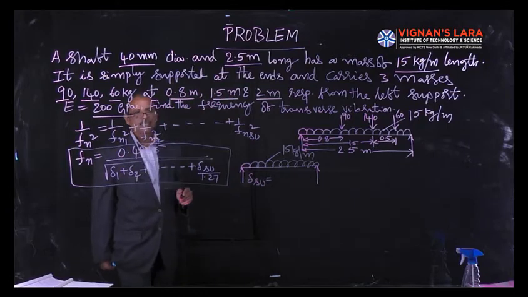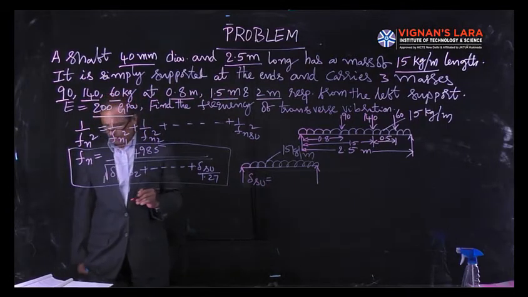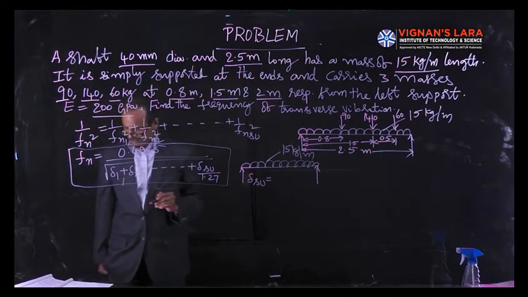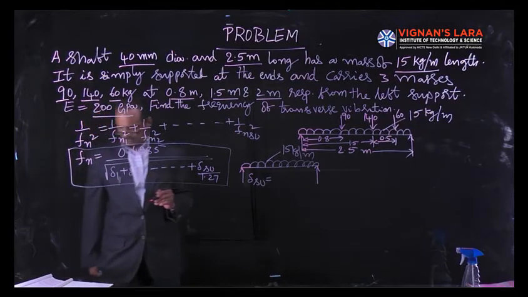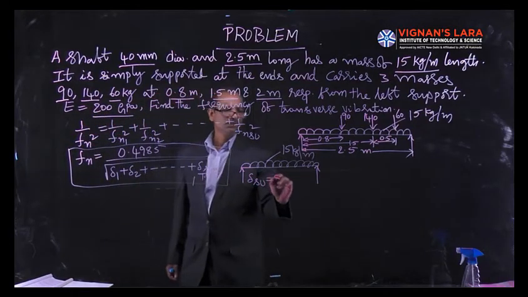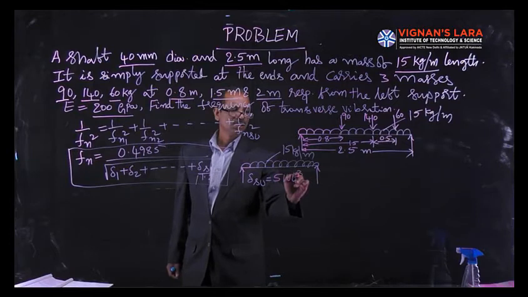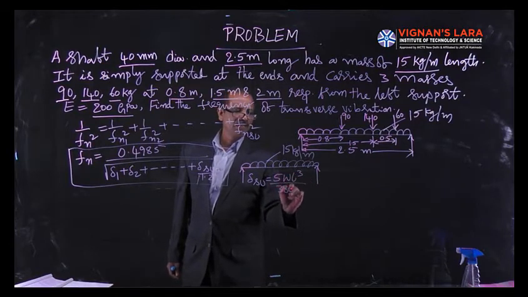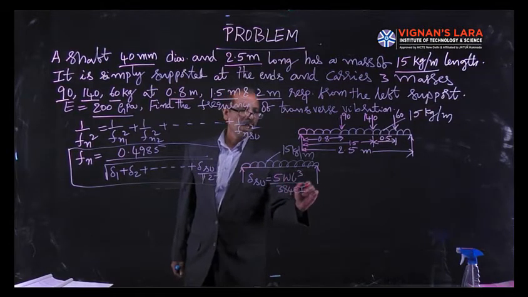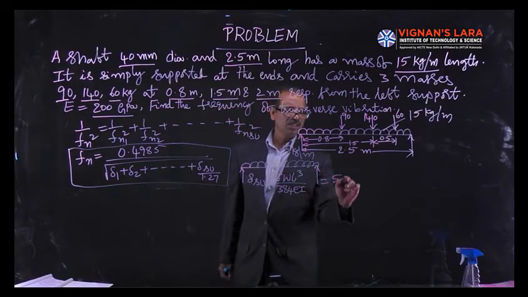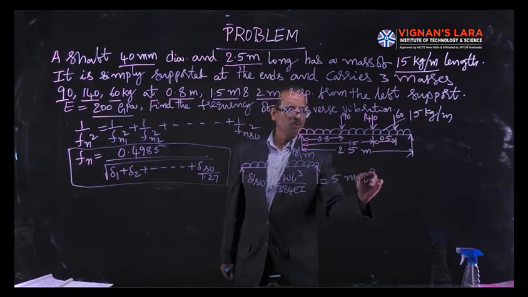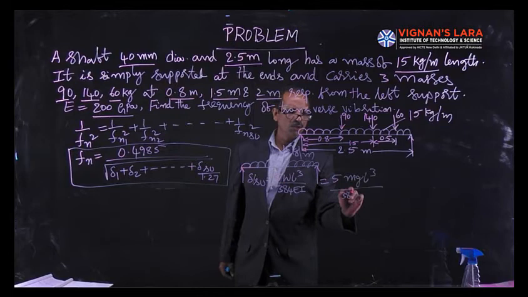So for a simply supported beam with a UDL, we know that the equation is 5WL4 by 384 EI, or 5mg L cube by 384 EI.